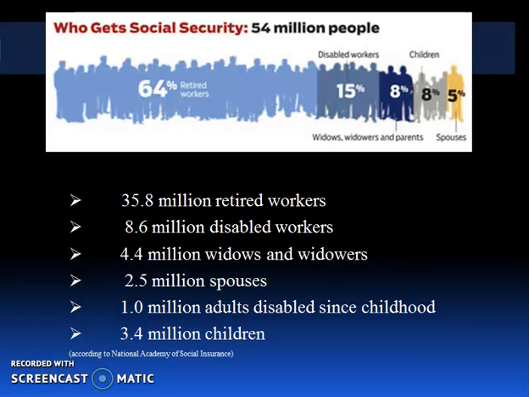Who gets Social Security? I think the 54 million people I have here might not be an accurate number, so that's as close as I could get, so it could be slightly more nowadays. The question is, who really relies on Social Security? As much as 90% of people that are age 65 and older receive Social Security. When I did some research, that number looked really outrageously high to me, but that's the reality.